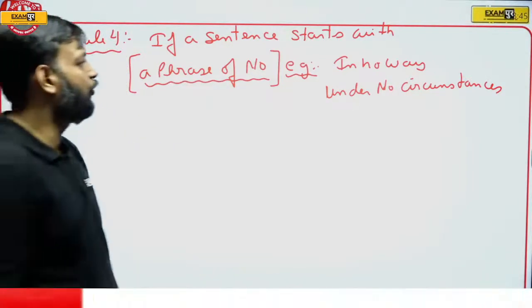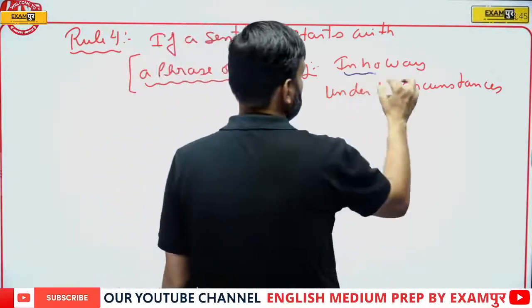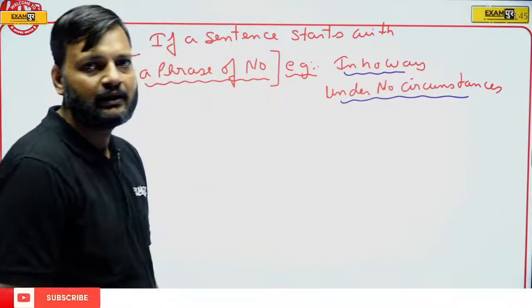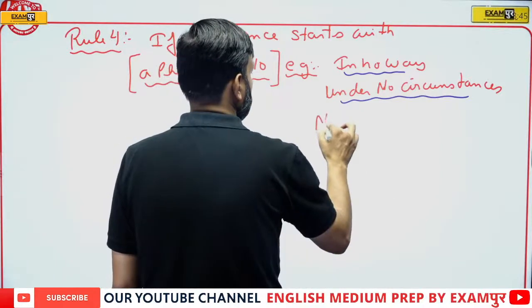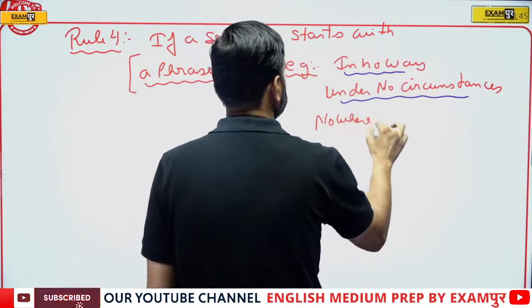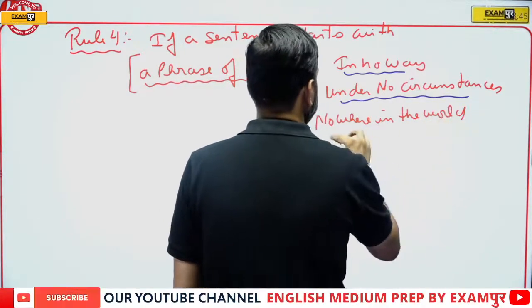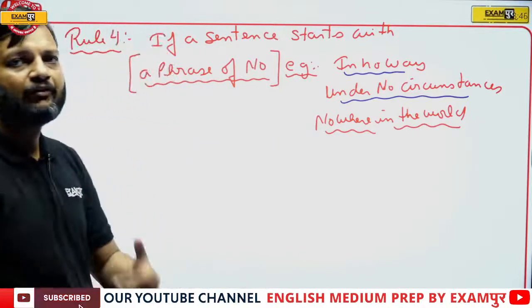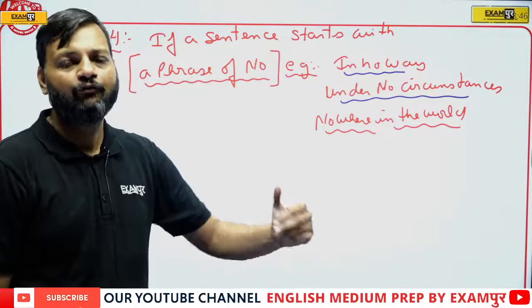So in no way, or under no circumstances, any phrase which has no in it. For example, one more example I can give you: nowhere in the world. Any phrase which has no in it is called the phrase of no. So if any sentence starts with the phrase of no, the verb inverts.